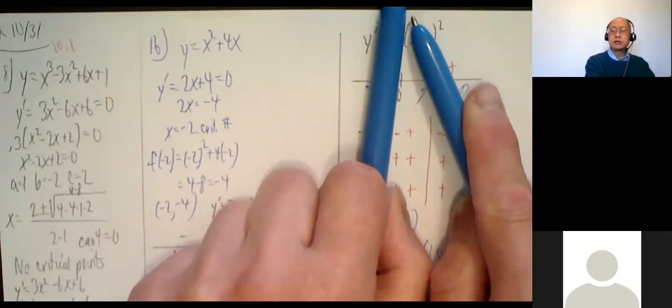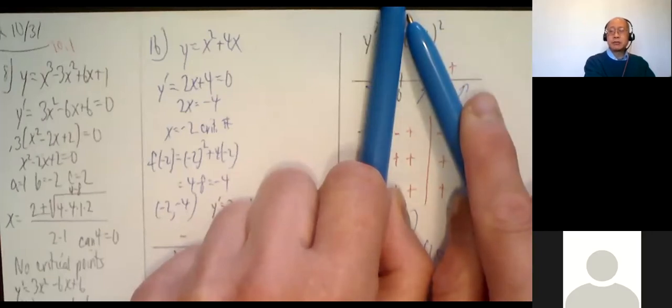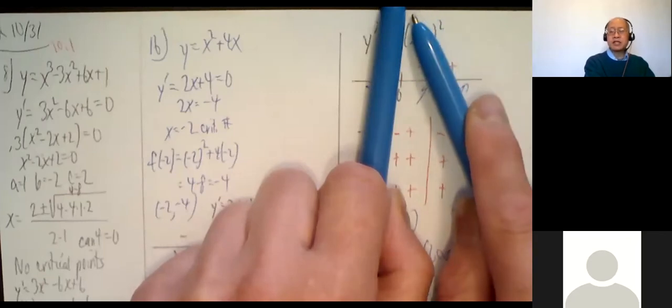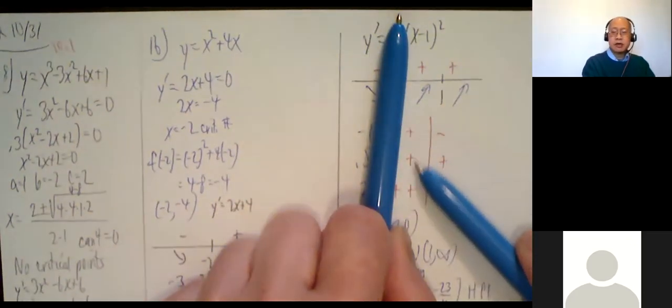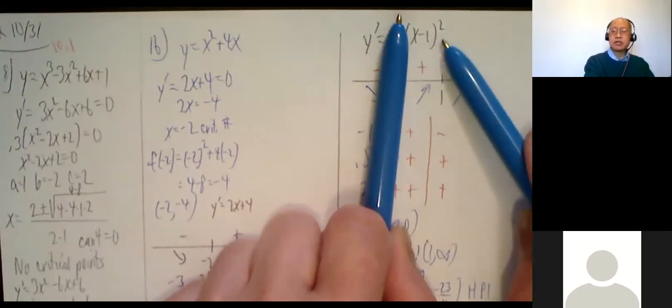Always, what sign? Always positive, right? You're squaring it. So if the thing behind this pen is a positive, you square it, it's positive. If the thing behind my pen is negative, you're going to square it, still positive. So plus, plus, plus, these three pluses represent plugging into x minus 1 squared.